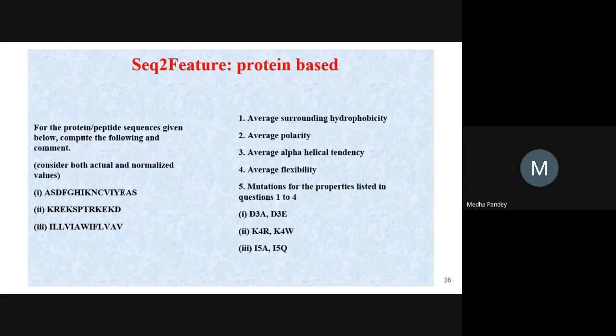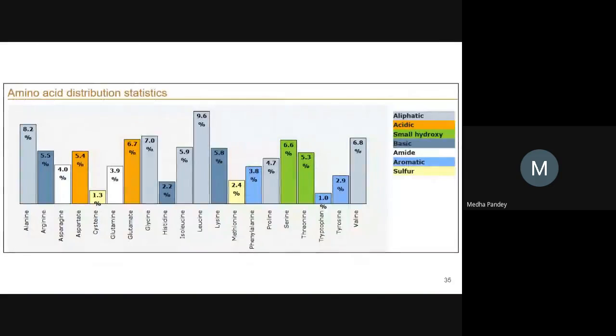Okay, lysine is the highest? No, lysine is not the highest. If you see properly, leucine is the highest. So this is a simple representation of the data which is available in UniProt for amino acid composition.